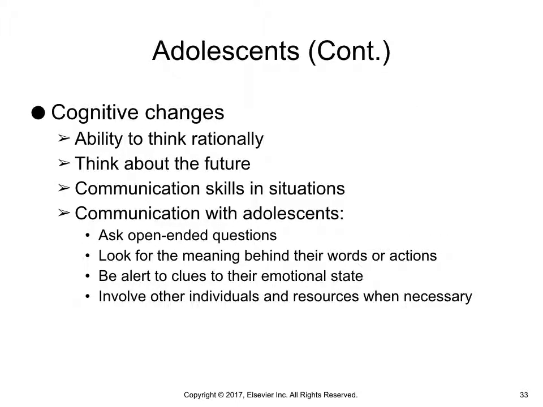Cognitively, this group develops the ability to think rationally. They can determine and rank possibilities, solve problems, and make decisions logically. The teenager thinks abstractly and deals effectively with hypothetical problems. When confronted with a problem, the adolescent considers an infinite variety of causes and solutions.